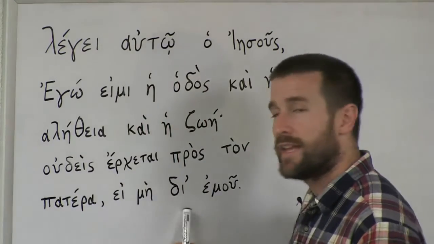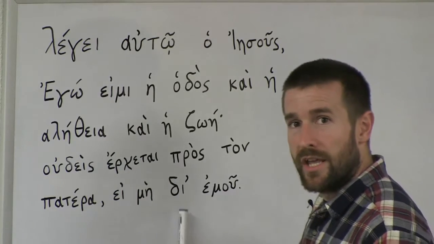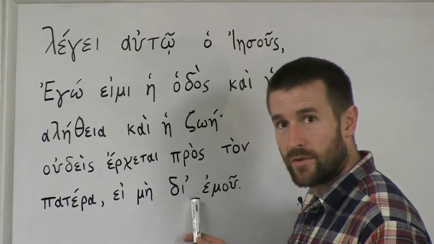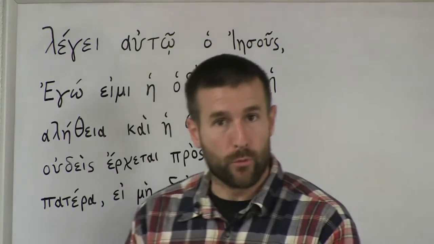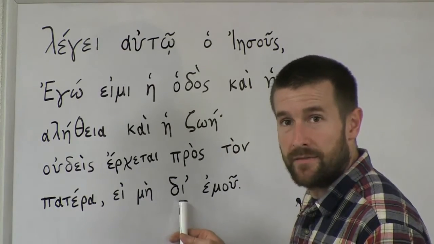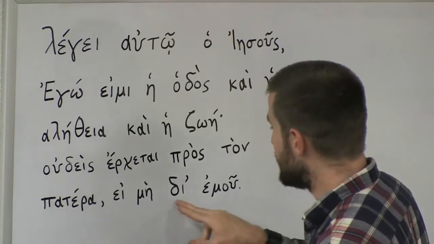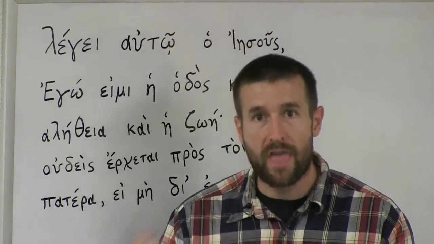Well, this apostrophe here is to show that something's missing because this comes from a word that is spelled delta, iota, alpha, okay? Dia, which means by or through, okay? Well, the alpha is missing, right? Because we've shortened this, it's a contraction, so that basically these two words can be run together as the emu.